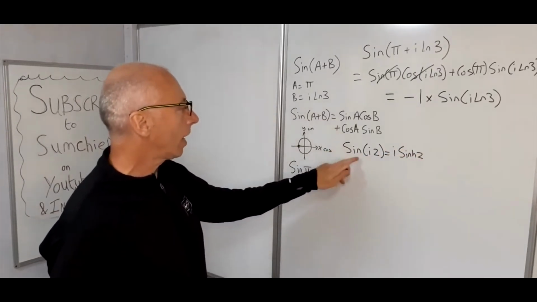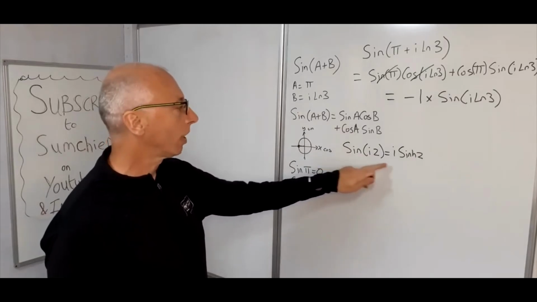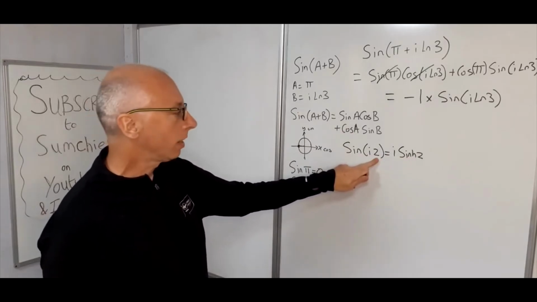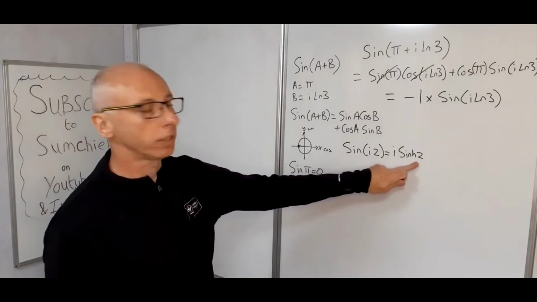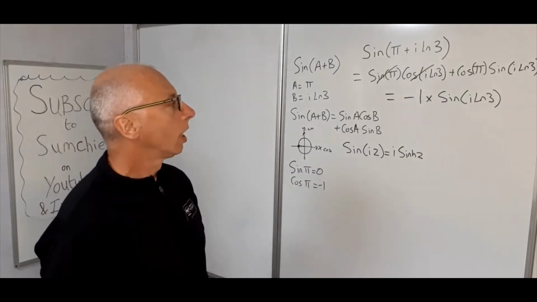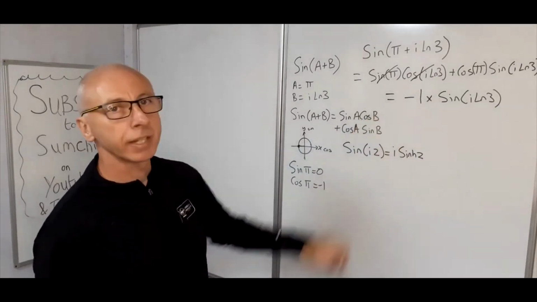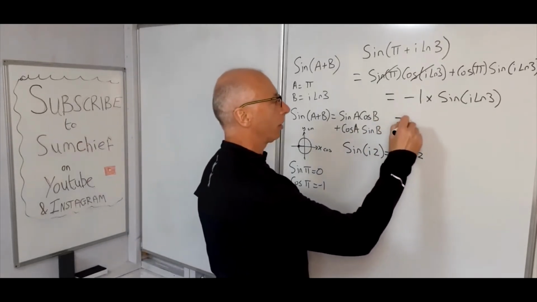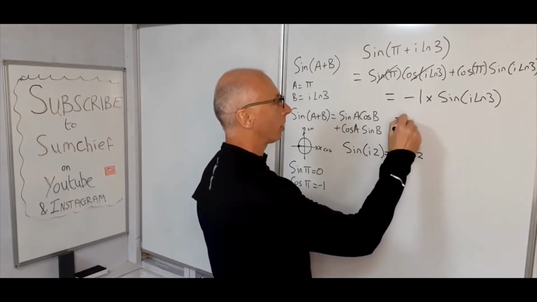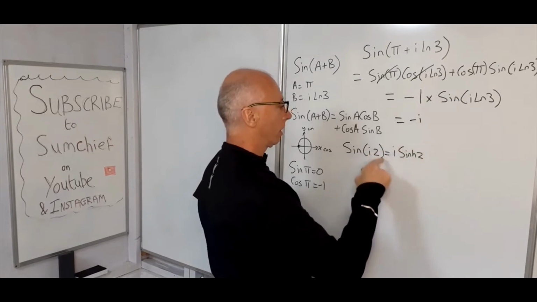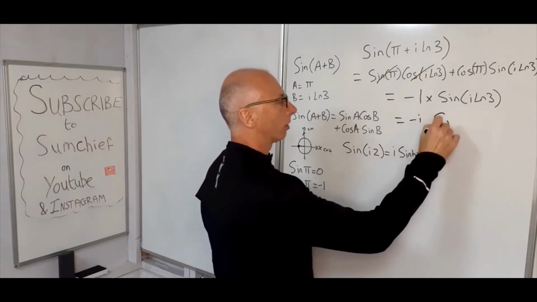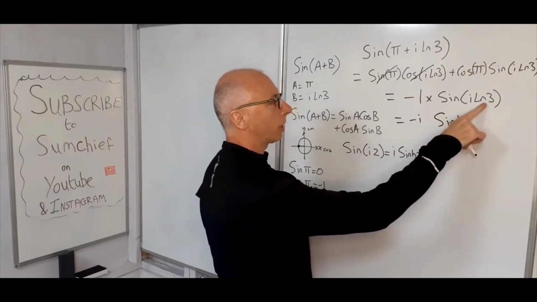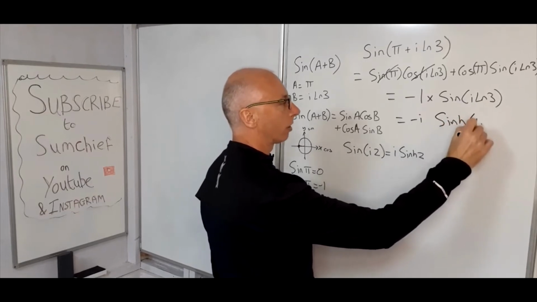So you just take the i out, exchange it for the hyperbolic sine, and then the z will stay in there with the sinh. Okay, let's plug that in there. So that equals, the i can come with the -1, so that's minus i sinh, and then the number we need is the natural log of 3.